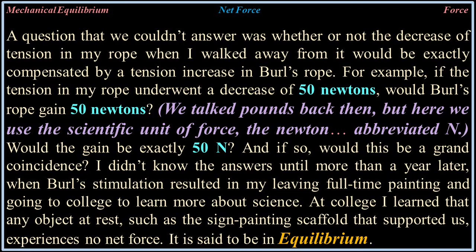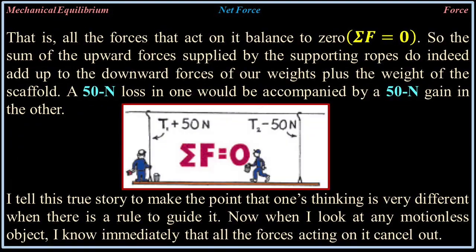I didn't know the answers until more than a year later when Burl's simulation resulted in my leaving full-time painting and going to college to learn more about science. At college, I learned that any object at rest, such as the sign painting scaffold that supported us, experiences no net force. It is said to be in equilibrium.